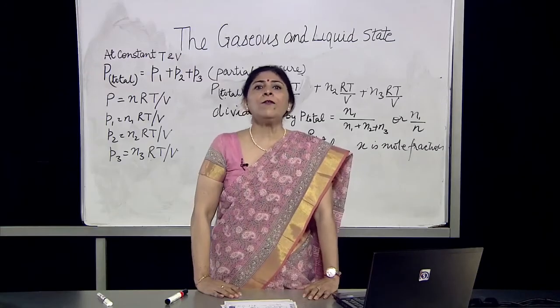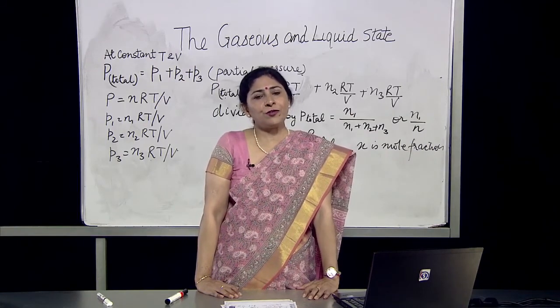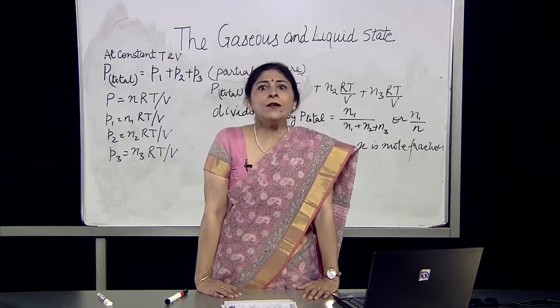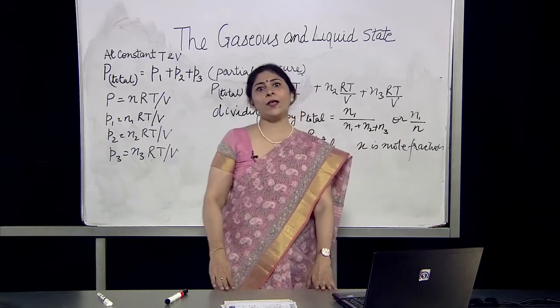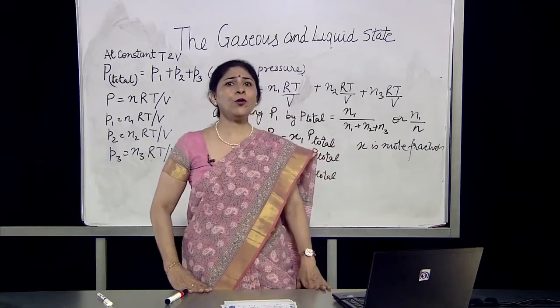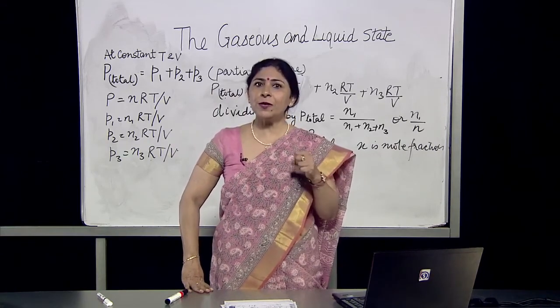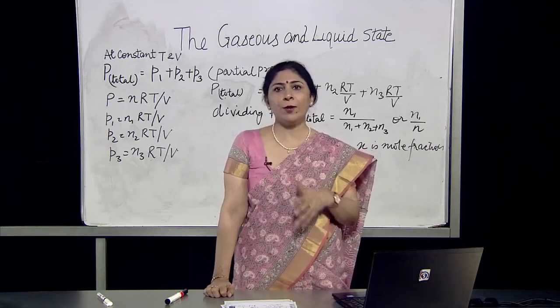Now, here we have a few terms: critical temperature, critical pressure and critical volume. Critical temperature may be defined as the temperature above which no gas can be liquefied. You cannot liquefy a gas at any temperature; there should be a certain temperature at which gases can be liquefied.